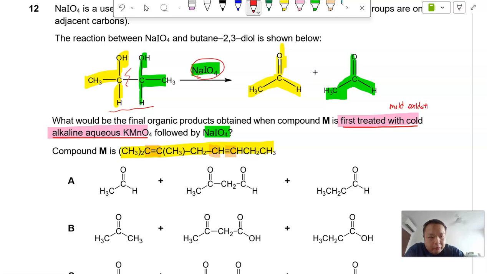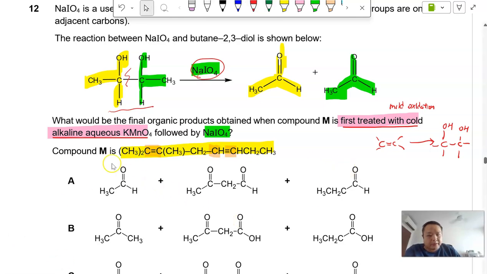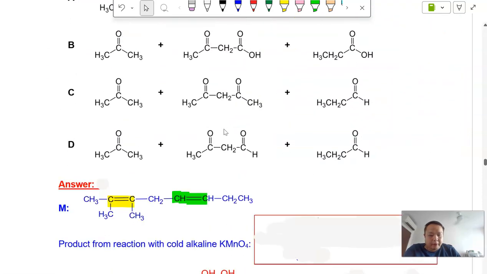So quick recap of what we learned from alkenes: your C=C double bond upon cold alkaline KMnO4 will become a diol. So first of all, we must draw the oxidized product of M before we can consider NaIO4.